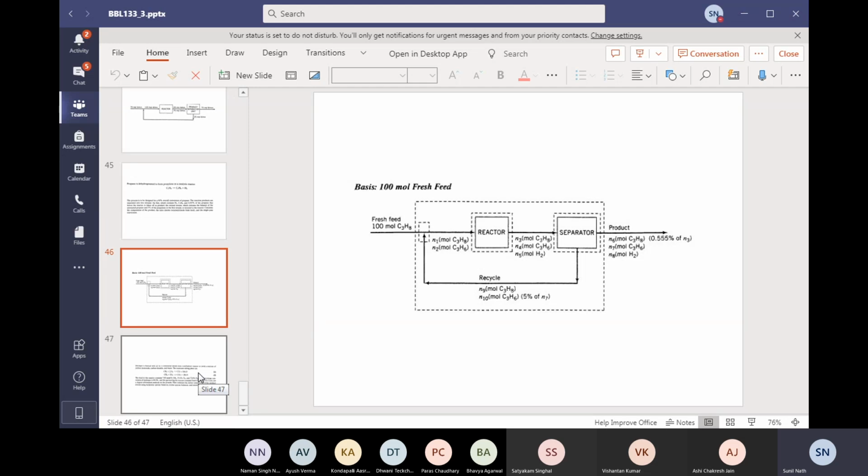So 100 is the basis. Then I told you that the output of the reactor, all the 3 streams are unknown. He has called them N3, N4, N5. I generally call them P1, P2, P3, whatever. Then the separator has what I call Q recycle 1, Q recycle 2. He has called them N9 and N10.